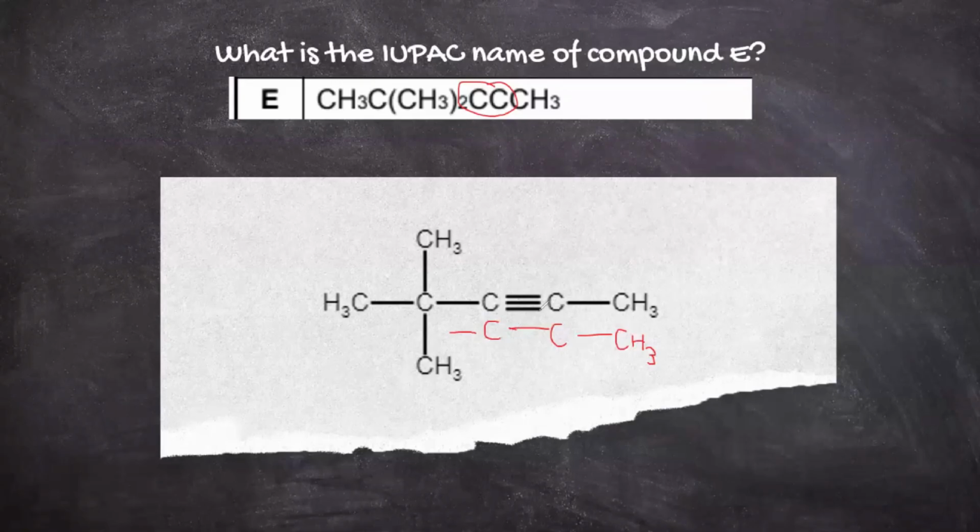So here, to make it 4 bonds each, they're going to make a triple bond. And that's how I got to this triple bond in the middle here. That triple bond is also what makes this molecule an alkyne. It's the functional group, it denotes the homologous series. This molecule is an alkyne, YNE.